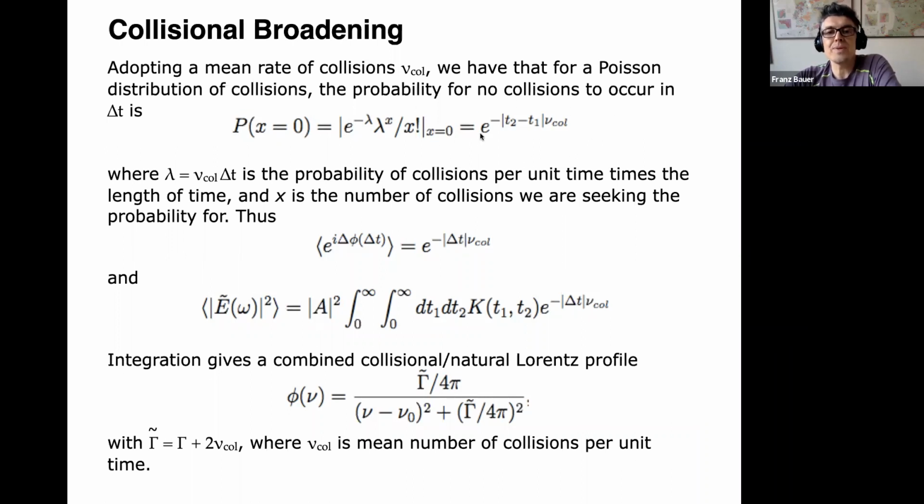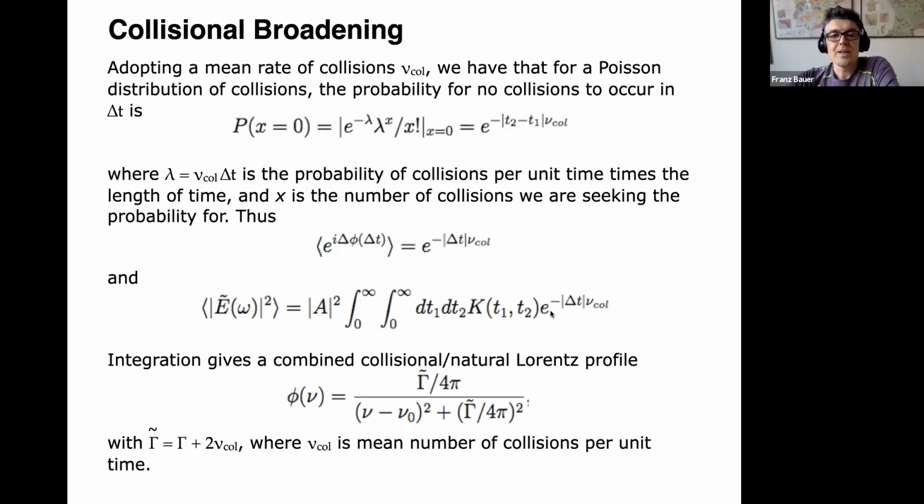Lambda is the collision rate times the delta time, so it's the expected number of collisions in some time, and x is the number of collisions we're seeking, which in this case is 0. The average of this component is then the time average of delta t times the number of collisions we expect, and we can plug that in.